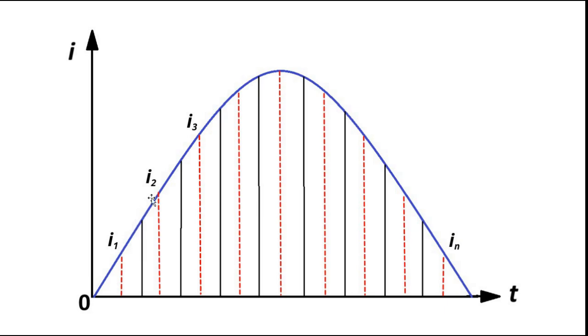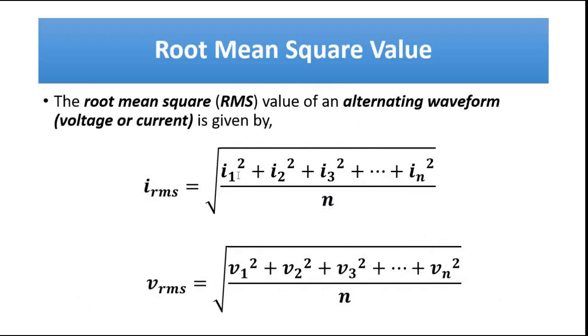This is for current; if we have voltage, it will be the voltage mid-ordinate values. Then we take these mid-ordinate values and calculate the RMS value, which for current is the square root of I1 square plus I2 square plus I3 square plus up to IN square, divided by N, where I1, I2, I3 up to IN are the N mid-ordinate values and N is the number of mid-ordinates.